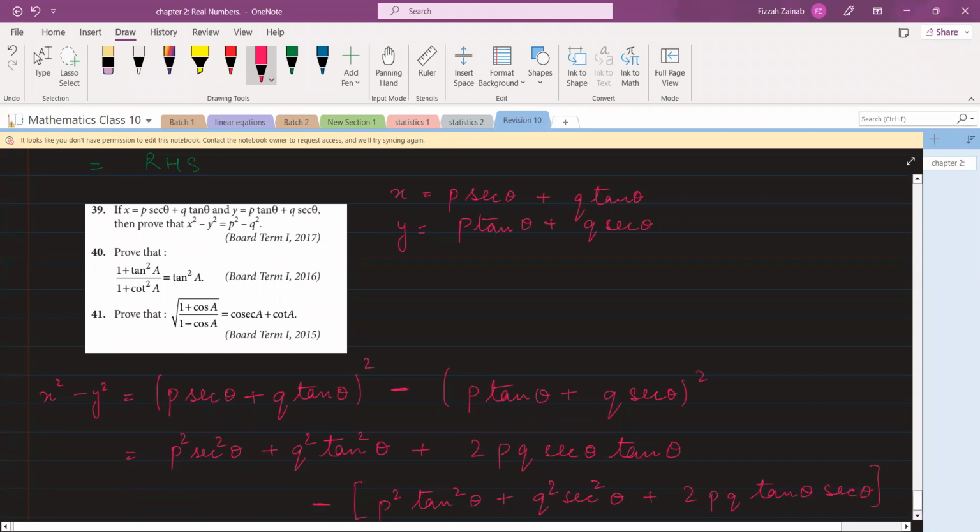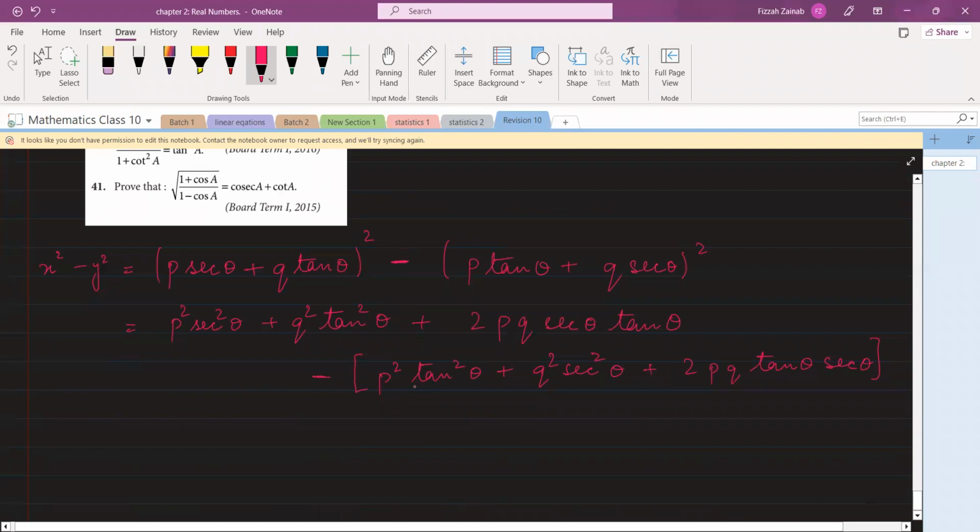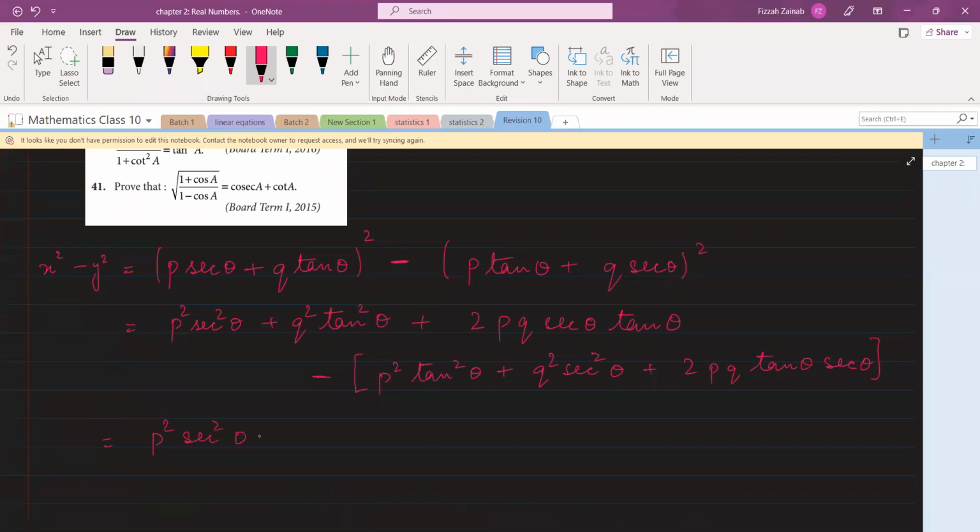Now if you open the bracket, p square sec square theta plus q square tan square theta plus 2pq sec theta tan theta.